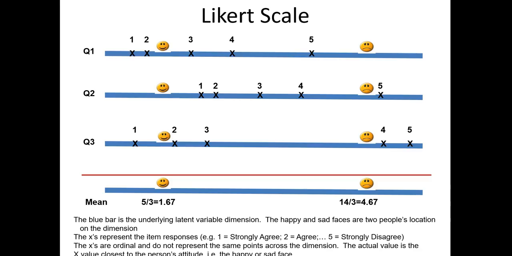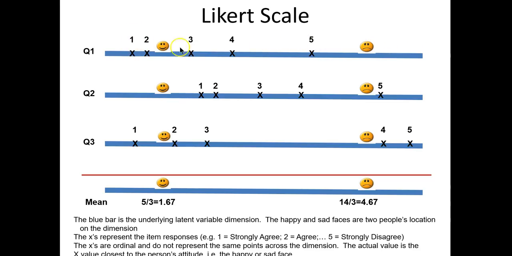Now let's take an example. Let's go back to our original thing where we had the little happy guy down here. This is a subject. And we had an unhappy guy who had a lot of symptoms. And then we asked them 3 questions. Now, each of the responses has a location on this underlying dimension.